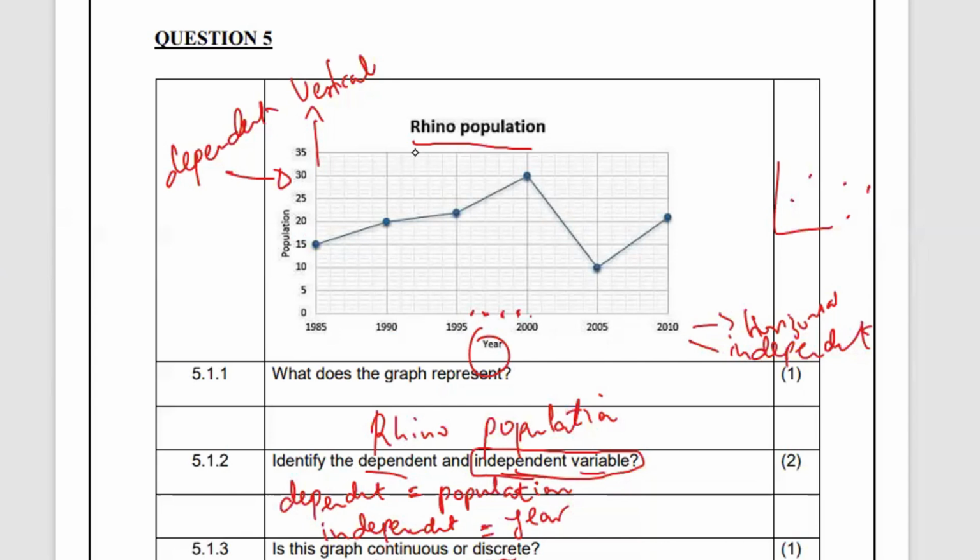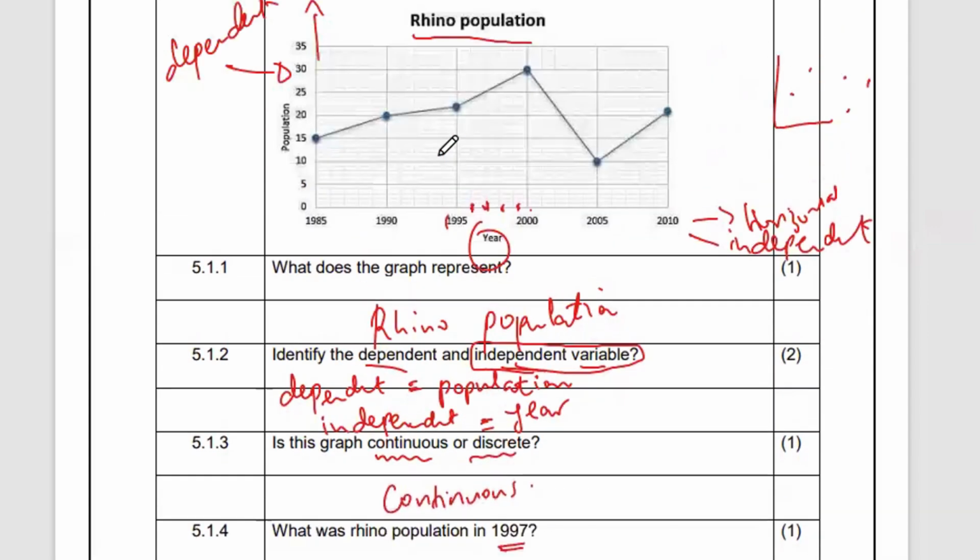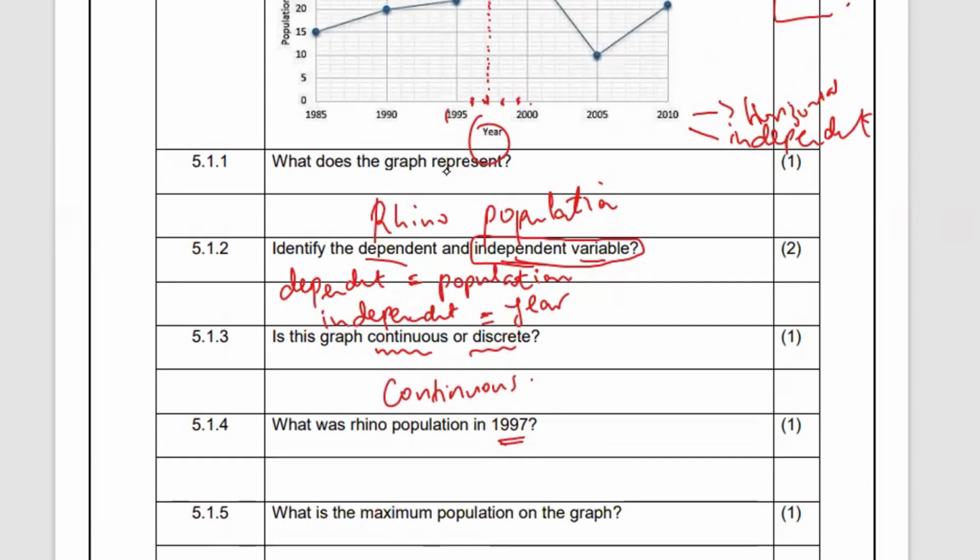So if this is 1995, which means the next one is 96, 97. Question is asking about 97. So we shall follow this vertical line of 97 up until it meets the graph, and it's meeting it at that point. Then we move to the horizontal and see what number is there. So we're seeing 25. So which means in 1997, we had 25 rhinos.